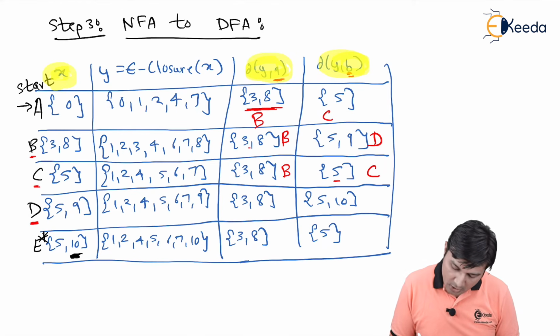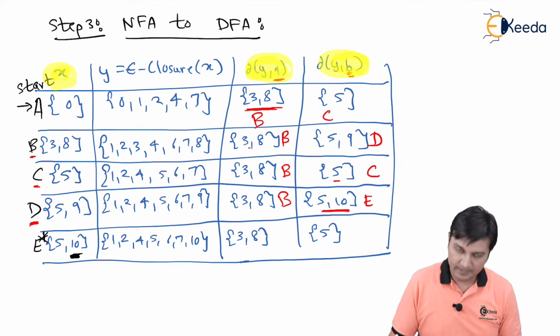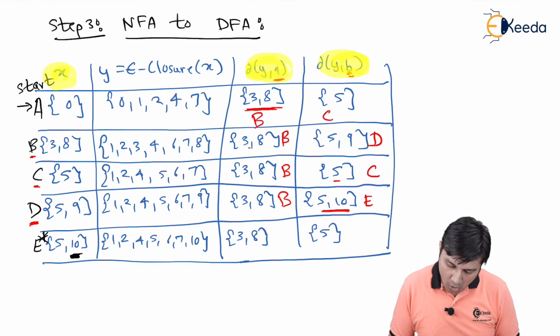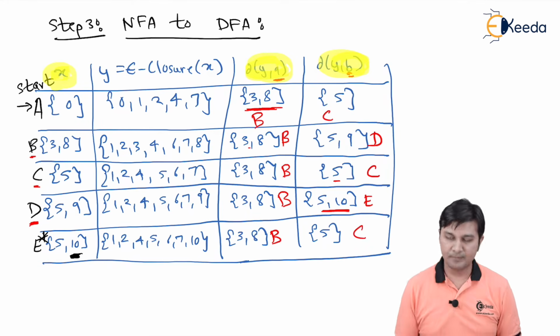Then D on a goes to B and D on b goes to 5 comma 10, which was my E. Lastly, E on a goes to B and E on small b goes to C.